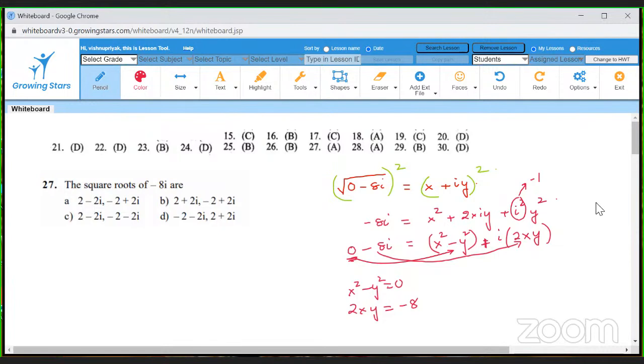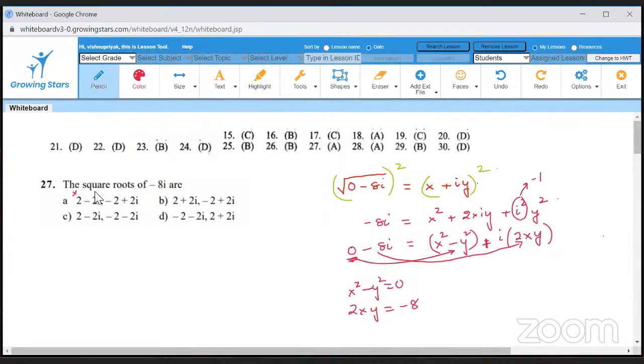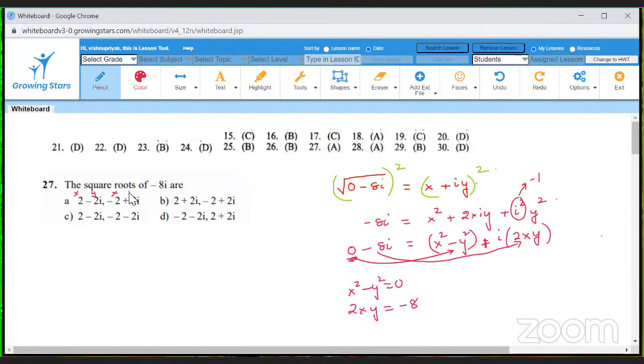Now, without proceeding further, in the given options, I can put whatever values are there. See, in option A, x is 2, y is minus 2, or x is minus 2, y is 2. First I will put x is 2, y is minus 2. 2 square minus minus 2 square, so I am getting 4 minus 4, 0.